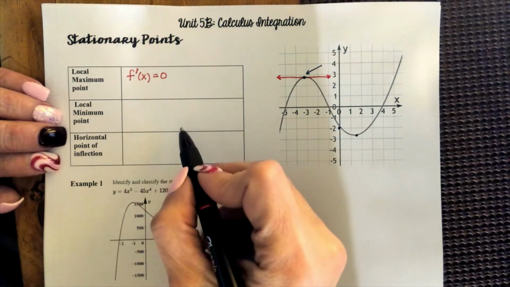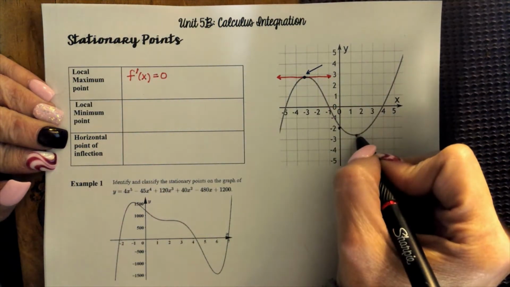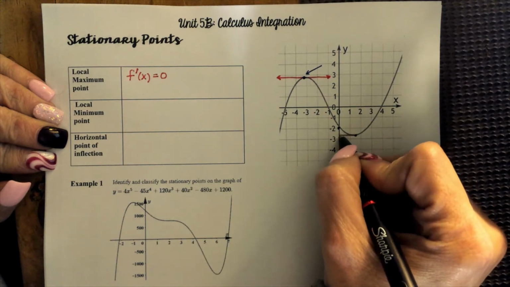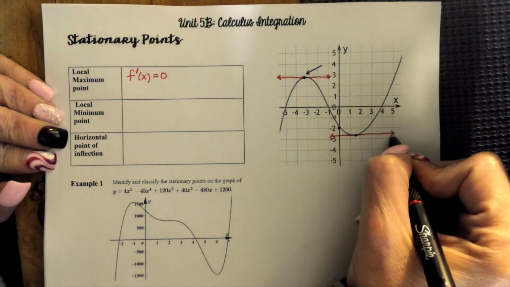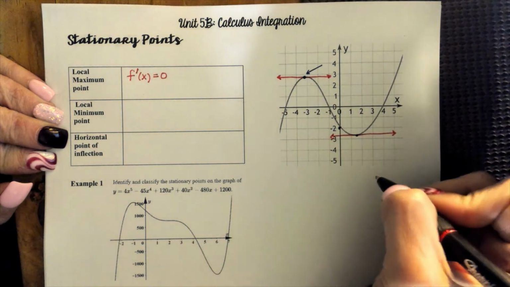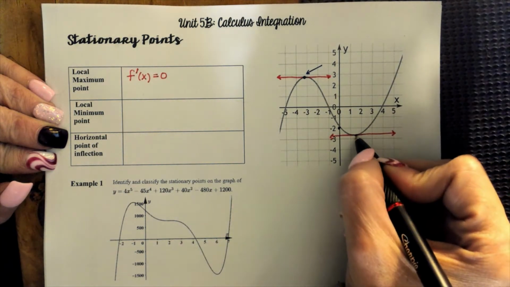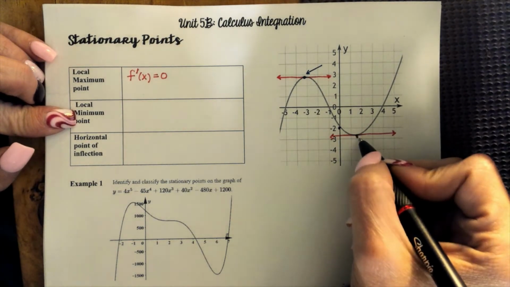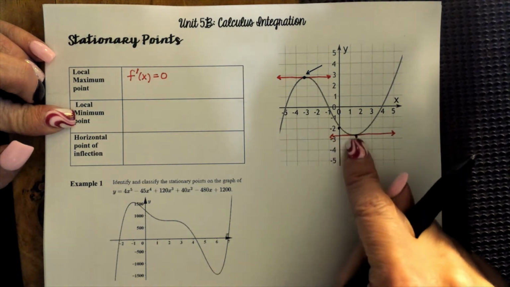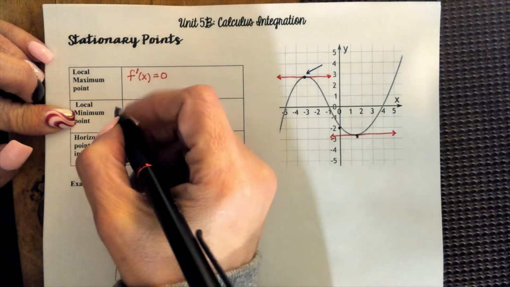Now, we'll do the local minimum. Here's the minimum. If I were to draw the tangent line, what would the slope of that tangent line be when you're at the lowest point on the graph, the local minimum? It'd be the same thing, right? The derivative would equal 0.